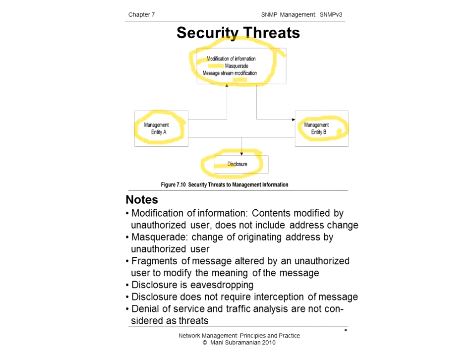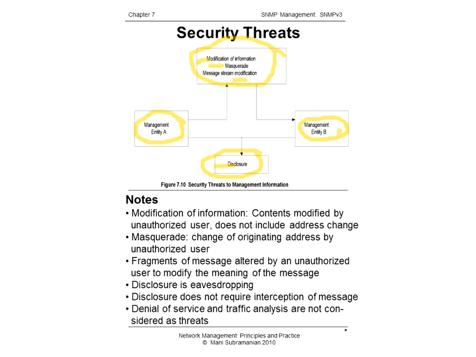There are at least two more threats that would be considered threats in traditional data communication, but the SNMP security model has classified them as non-threats. The first is denial of service. When an unauthorized user is denied service by a management entity, it is the responsibility of the protocol to address this issue.